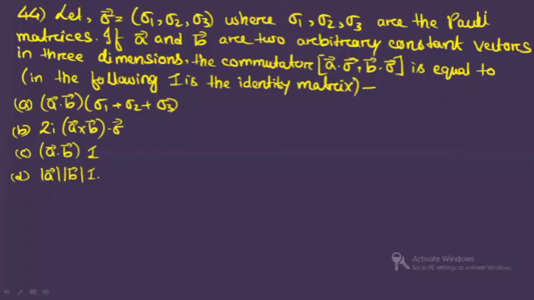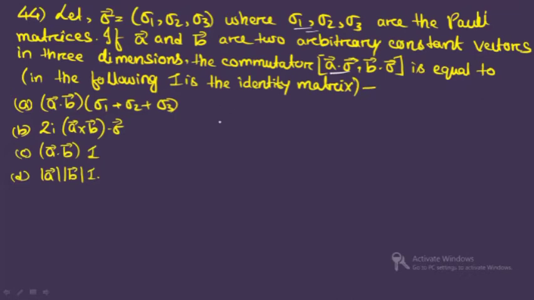All right, what is given here: let sigma equal sigma 1, sigma 2, sigma 3. Sigma 1, 2, 3 are the Pauli matrices. A and B are two arbitrary constant vectors in 3 dimensions. You have to find the commutator of A dot sigma and B dot sigma. I is the identity matrix.